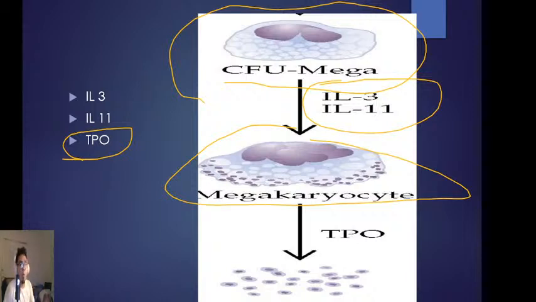Among all them cells. Anybody knows what's the difference? Or what's the special characteristics of megakaryocytes? When you look at them in the microscope, they're the only cells that have this type of characteristic in the bone marrow. Look at the drawing.